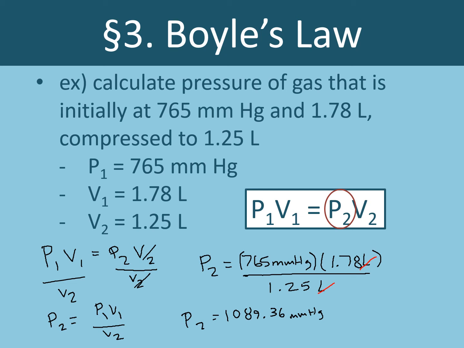This problem is all multiplication and division, so that's the rule that will apply. And if we look at our given values, they all have 3 significant figures. So our answer should be rounded to 3 significant figures.